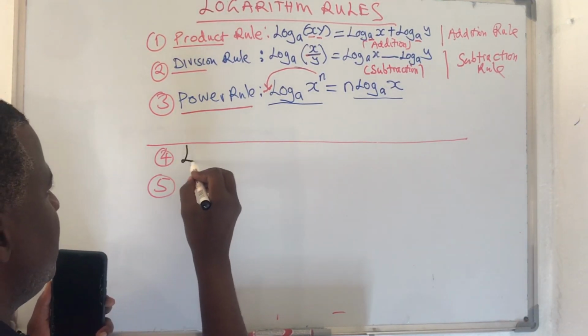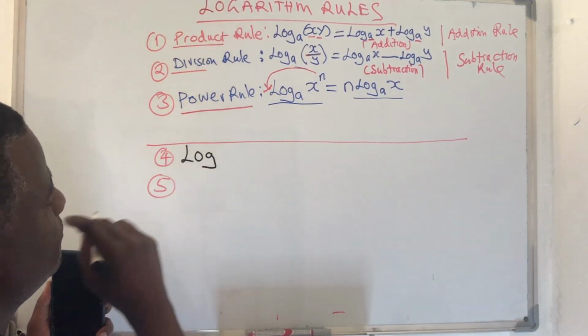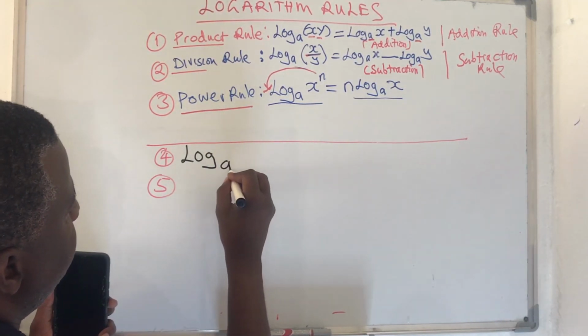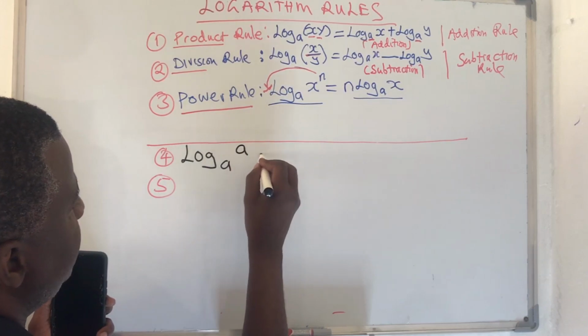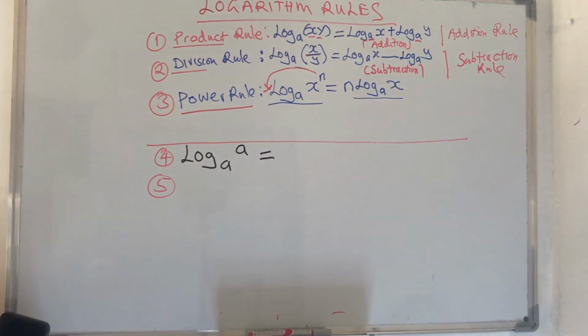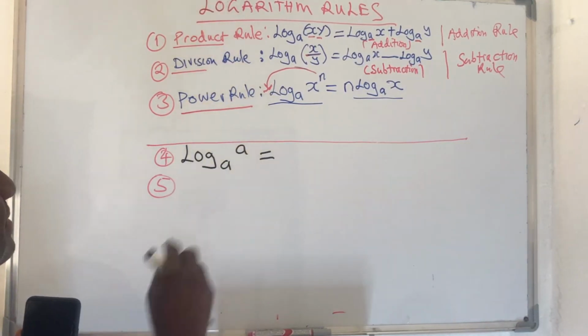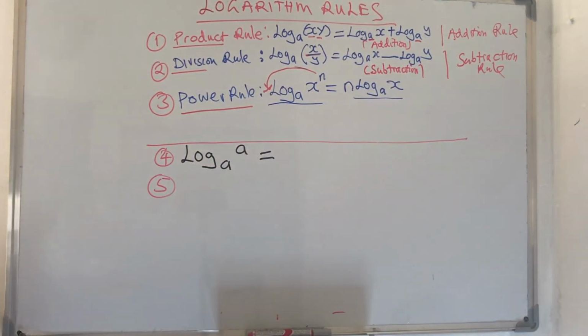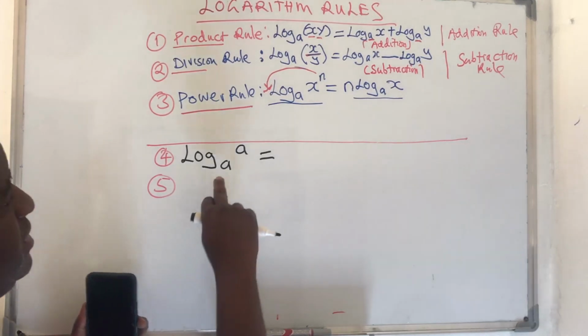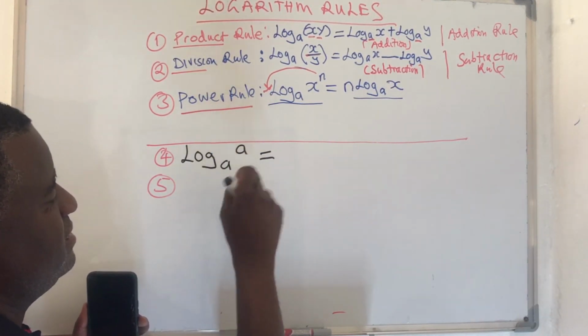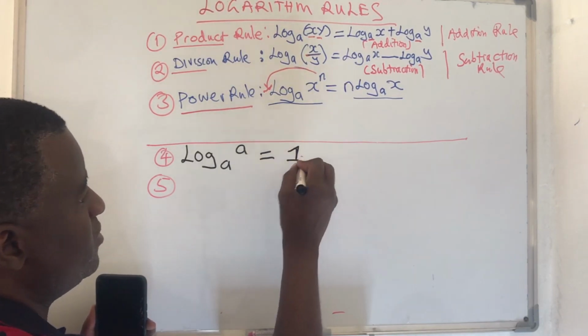So the first one is log of a. So now here is the thing. You've got a log where the base and the answer, they are the same.